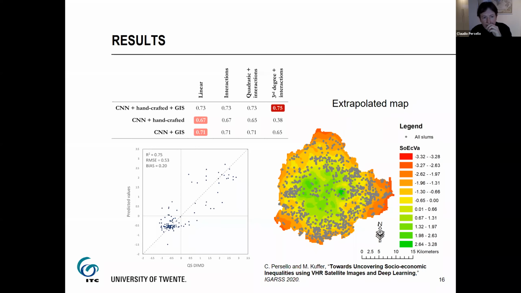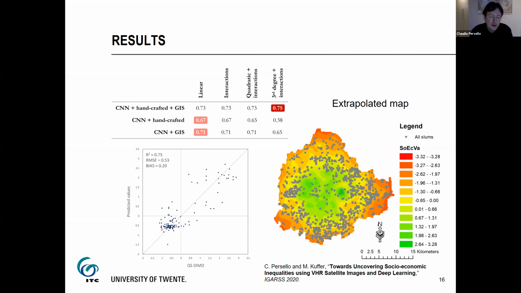The best of our models, which takes advantage of the CNN-learned features, is able to explain the variability in the socioeconomic index with an R-squared of 0.75, which is quite a good result.